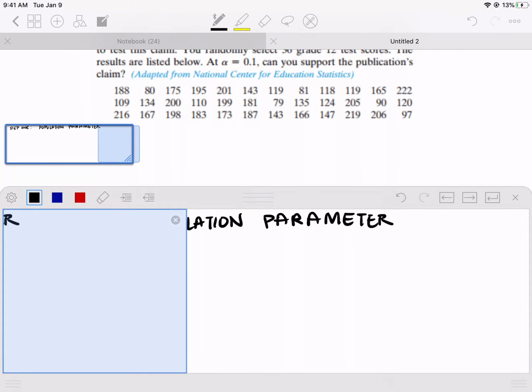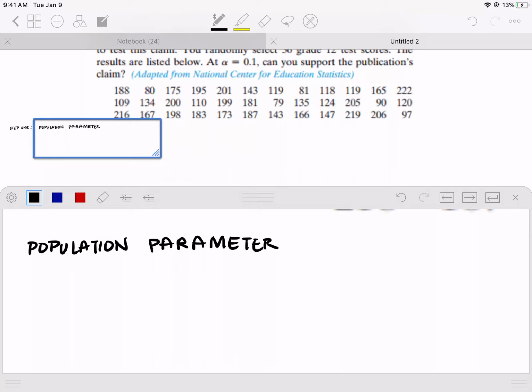Now, there are four main population parameters that are addressed in this book. You've got the population mean, mu, the population proportion, P, the population standard deviation, sigma, and the population variance, sigma squared.